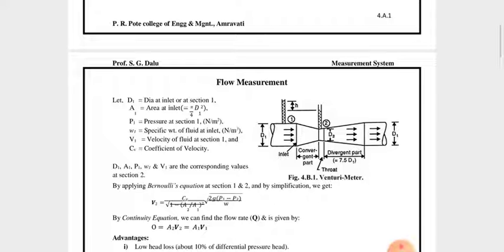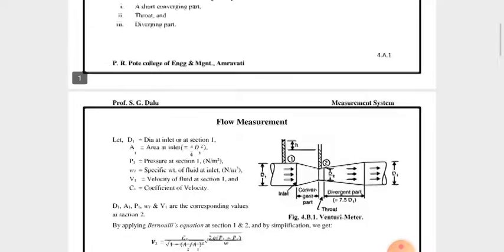By using this schematic you can understand how the venturi meter looks, and what the cross section or transverse section of the orifice is, which is connected to the pipe in which the fluid is flowing.